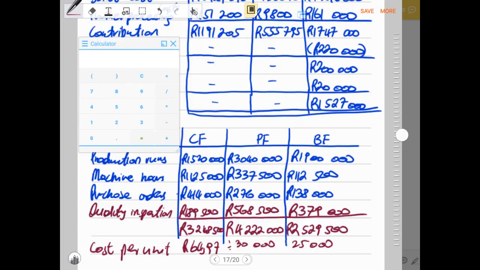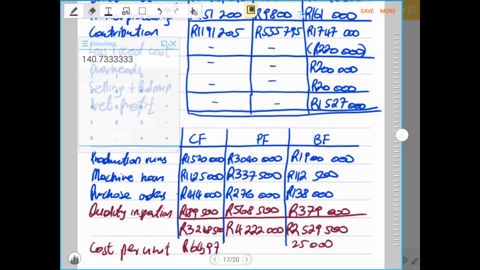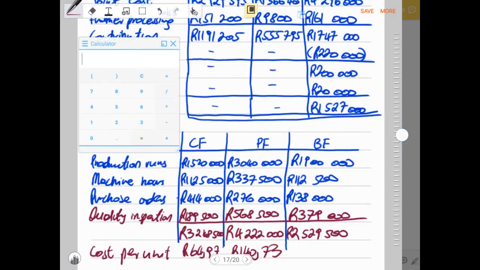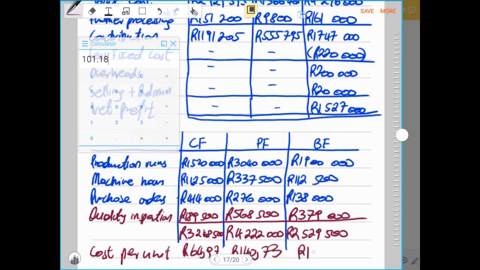And the second one will be 4,222,000 divided by 30,000, which is 140.73, just to make sure that I do as instructed. The next one will be 2,529,500 divided by 25,000. Cost per unit would have to be 101.18.